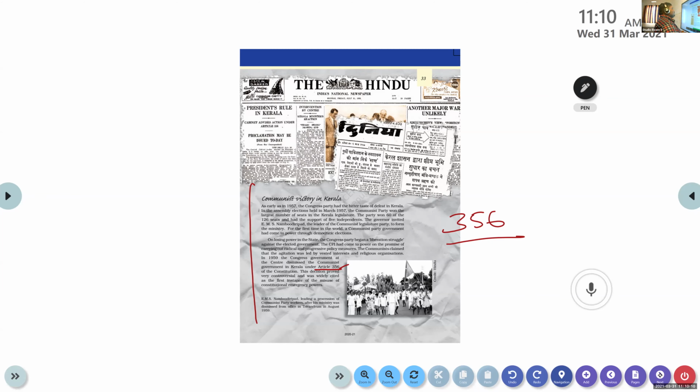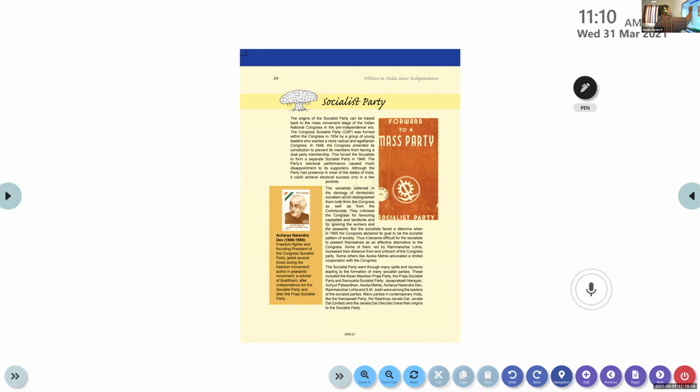And coming to the next page, we are discussing a particular party called the Socialist Party, along with their emblem. Their idea is to move towards a mass party, to create a party with mass participation. A number of people want to join this group. That's their main aim.